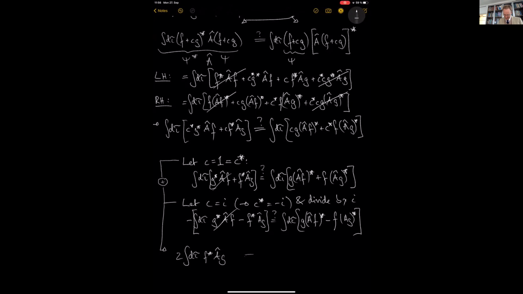And this should be equal. Now we look at what's happening on the right-hand side. We have GAF, again d tau, the GAF complex conjugate, 2 times again. And the F part again cancels, right?